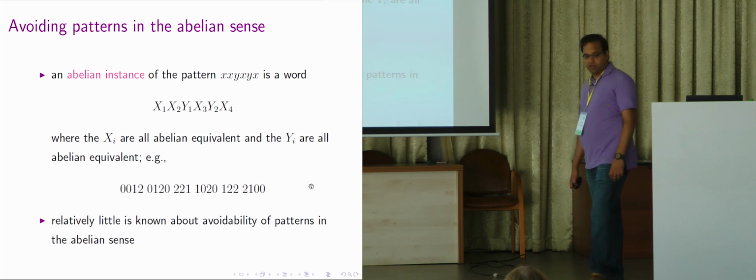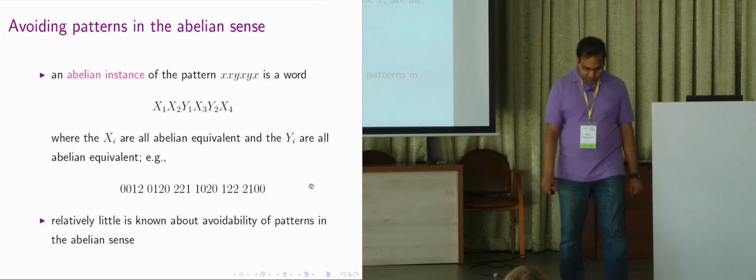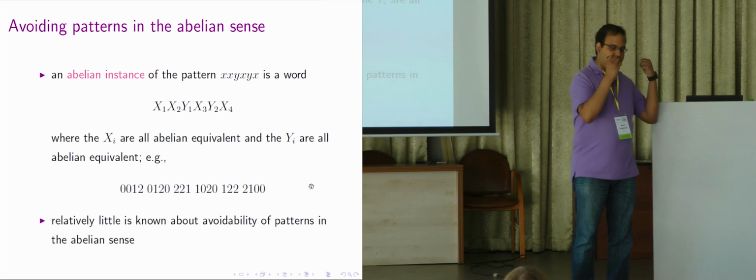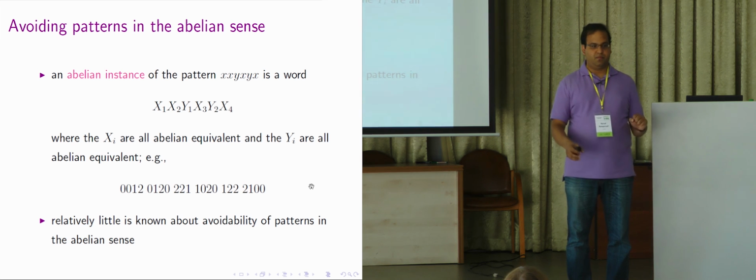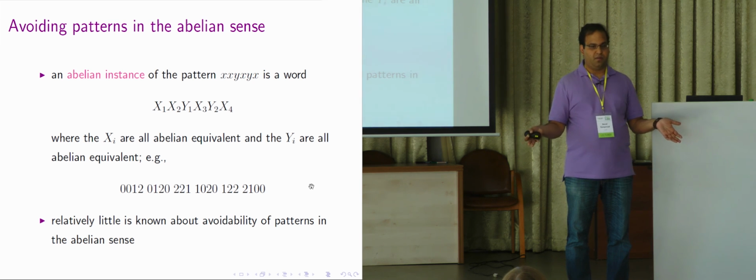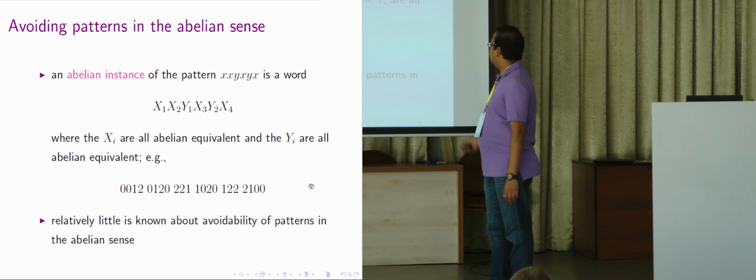So, just a couple more things to finish up this abelian stuff. Of course, when we talked about squares and cubes, we generalized that to patterns with more variables. You can do the same thing for abelian repetitions, right? You can make abelian patterns.